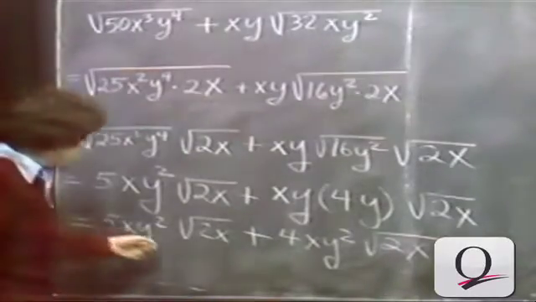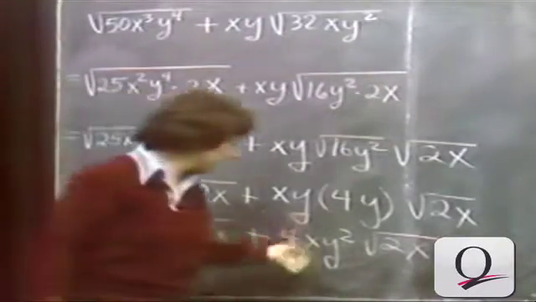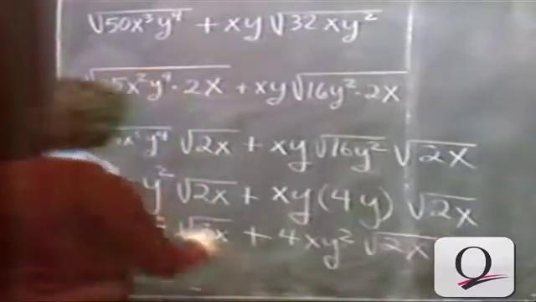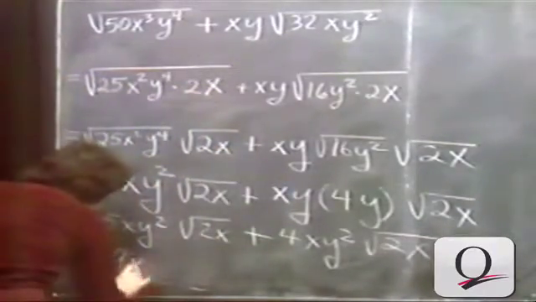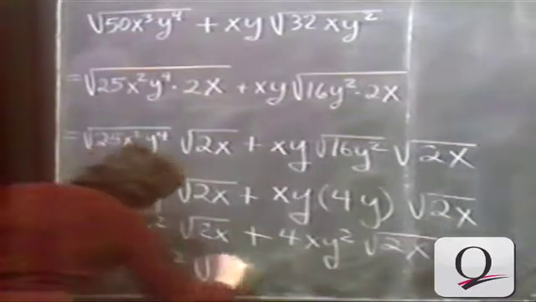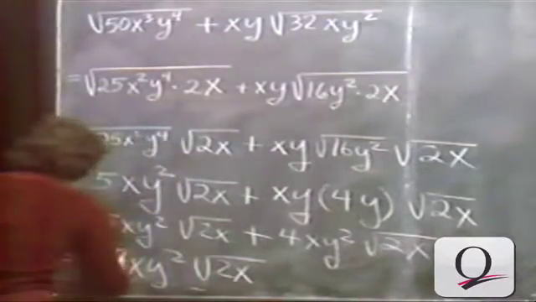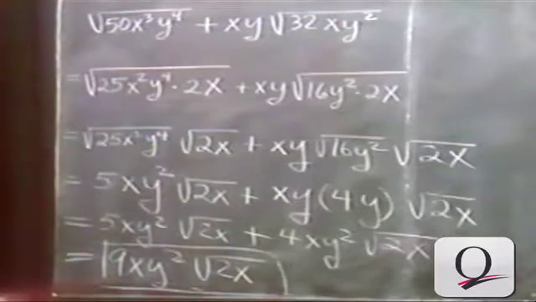We have 5xy squared times that radical plus 4xy squared times the radical. So we combine 5xy squared plus 4xy squared to get 9xy squared times the radical, which is the square root of 2x. Final answer, 9xy squared times the square root of 2x.